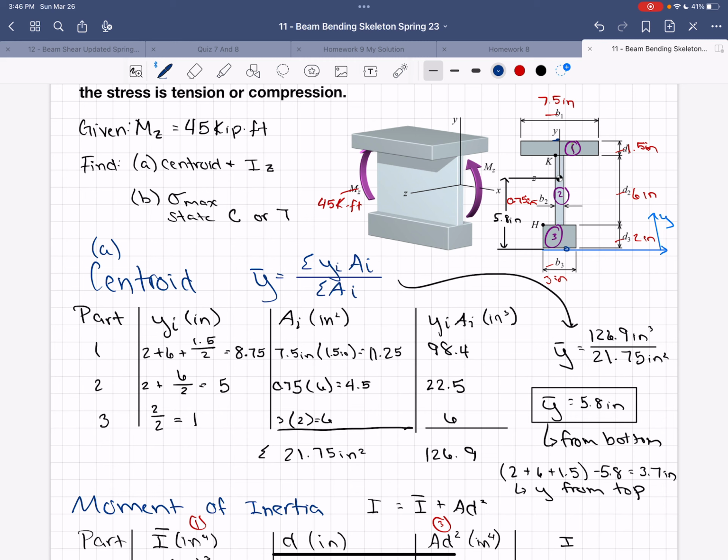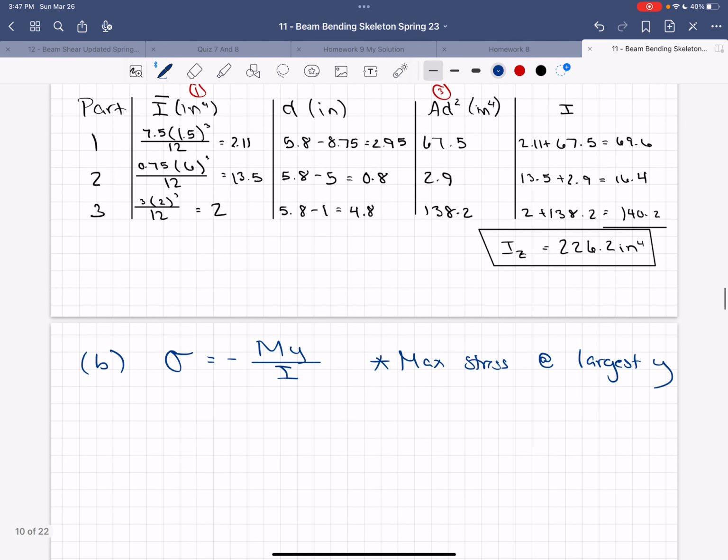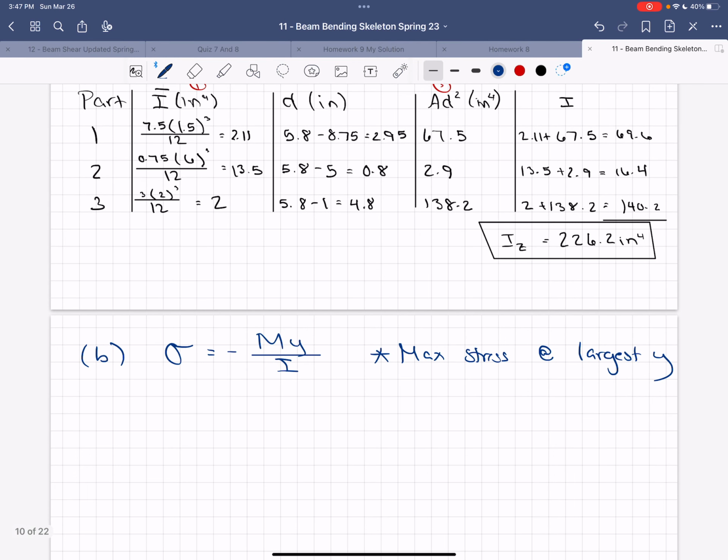If it's not symmetrical, then it's whichever is farthest away from the centroid. In that case, it will be the bottom of the beam. This beam has a positive bending moment, so it's going to be in tension. Okay, but we can also just follow our sign convention, and that will tell us that it's in tension.